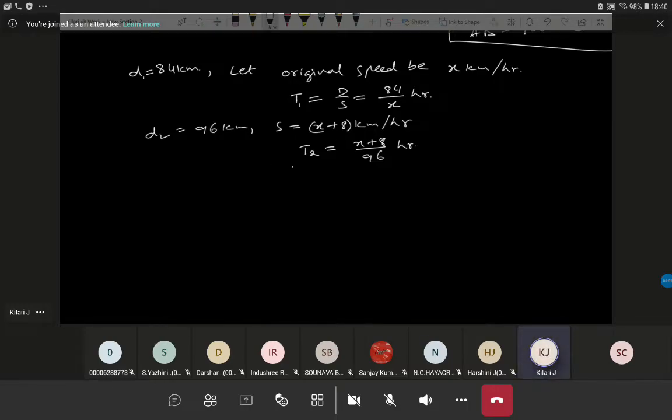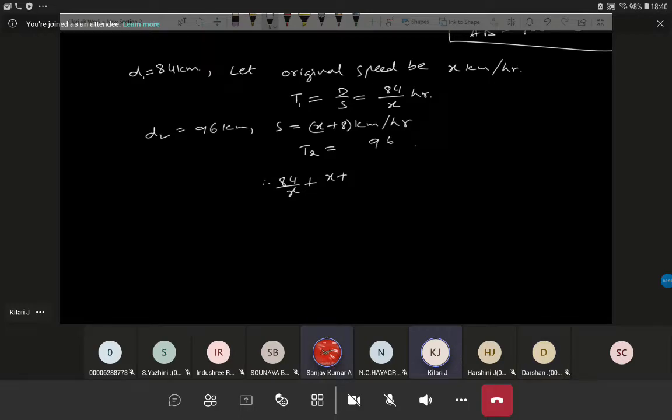So by adding T1 and T2, 84 by x plus 96 upon x plus 8. Total time is 3 hours. This is the equation we have.